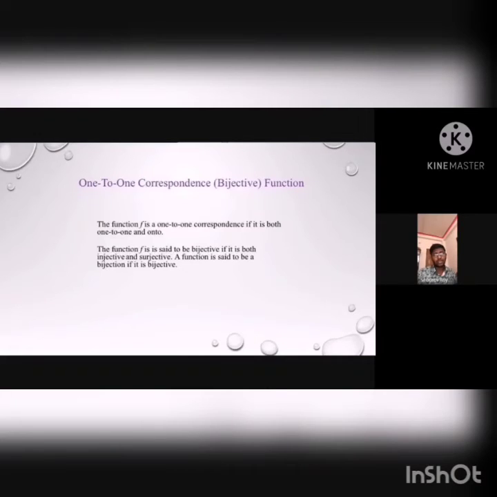The function f is said to be bijective if it is both injective and surjective. A function is said to be a bijection if it is bijective.